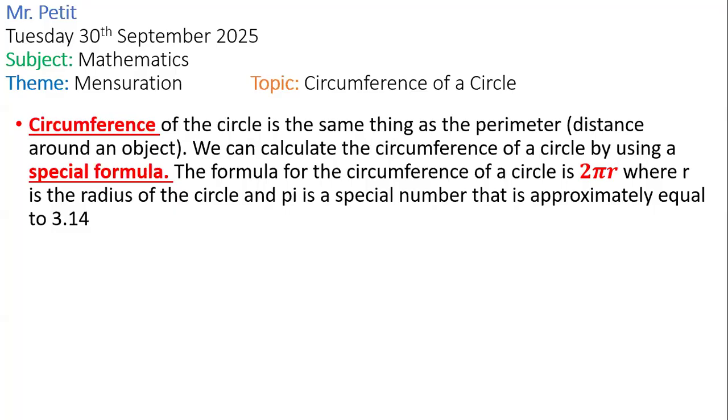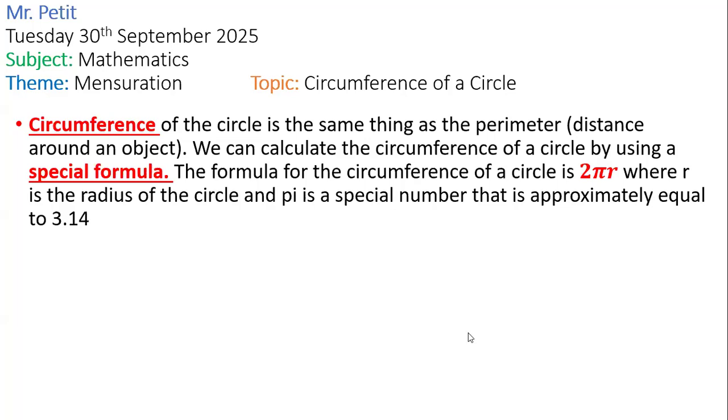Chai, can you read that last part again? The formula for the circumference of a circle is 2 pi r, where r is the radius of the circle and pi is a special number that is approximately equal to 3.14. Very good. Anyone can answer this question.